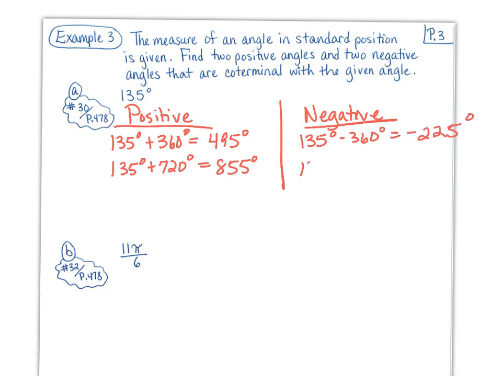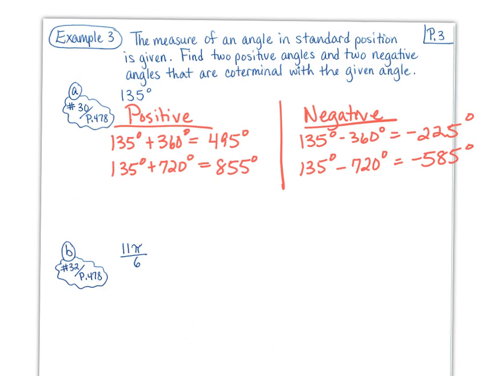And then you took 135 degrees, subtracted 720 degrees, and you get negative 585 degrees. Or you can just take negative 225 degrees and subtract 360. You get another coterminal angle, which is negative 585. So that's just an alternate way. There are other possible answers. These are just two. Okay, two positive and two negative.